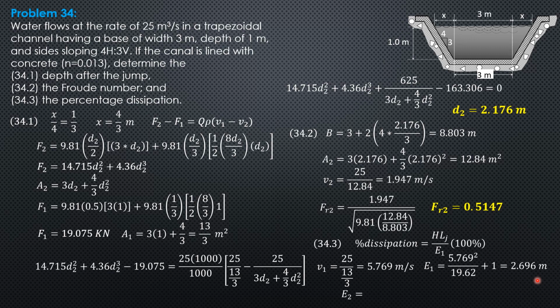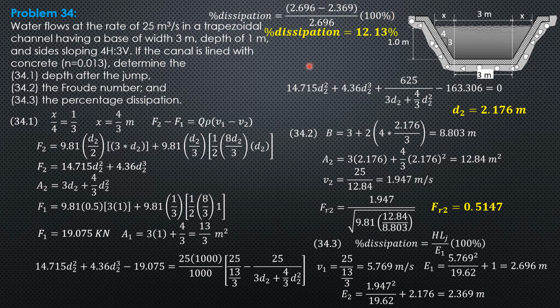Specific energy 2 is V2, 1.947 squared over 19.62 plus depth 2, 2.176, so 2.369 meters. So remember, head loss is E1 minus E2. So percent dissipation is quantity 2.696 minus 2.369 times 100% over E1, 2.696. So percent dissipation therefore is 12.13%.